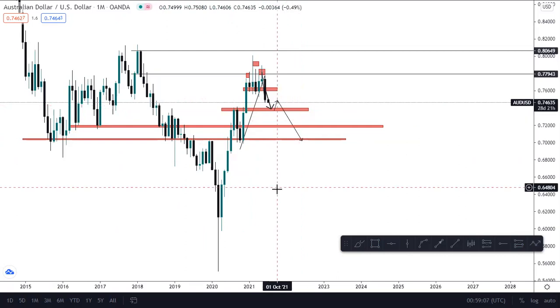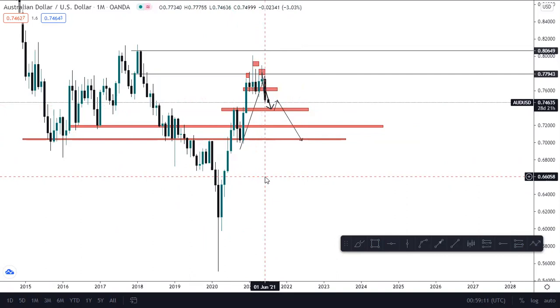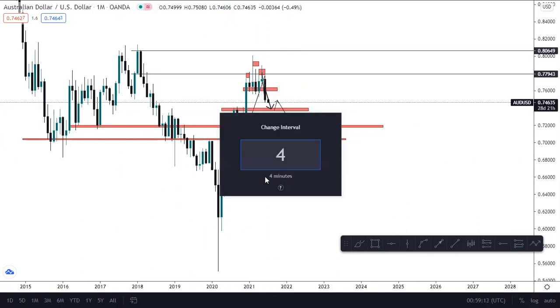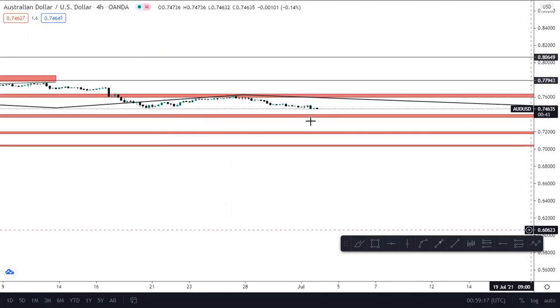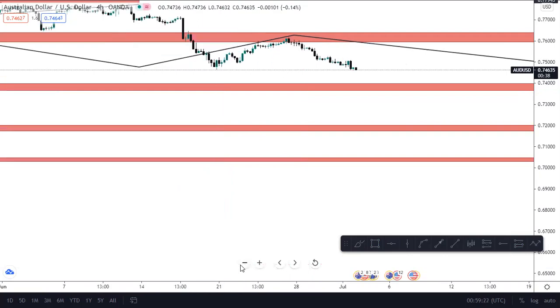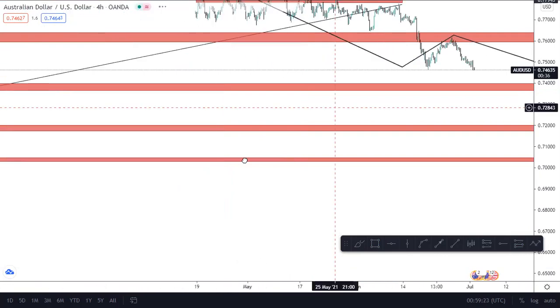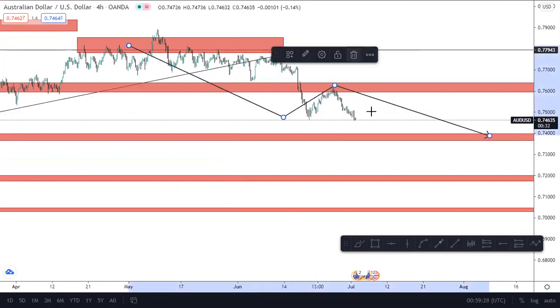So with that being said, let's go to the 4-hour chart and see if everything aligns. I'm going to get rid of some analysis to make the chart clean.